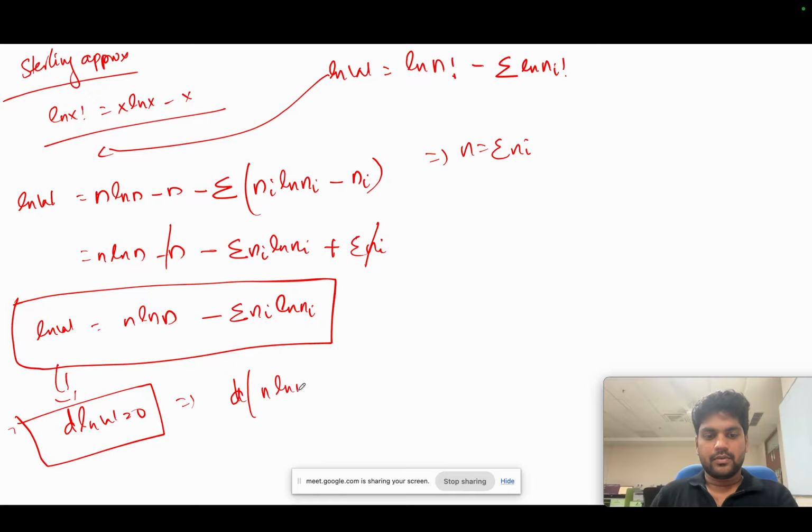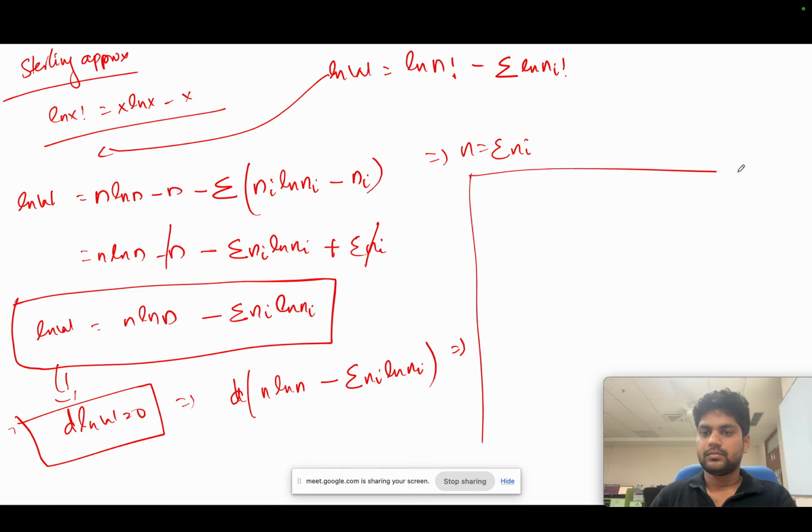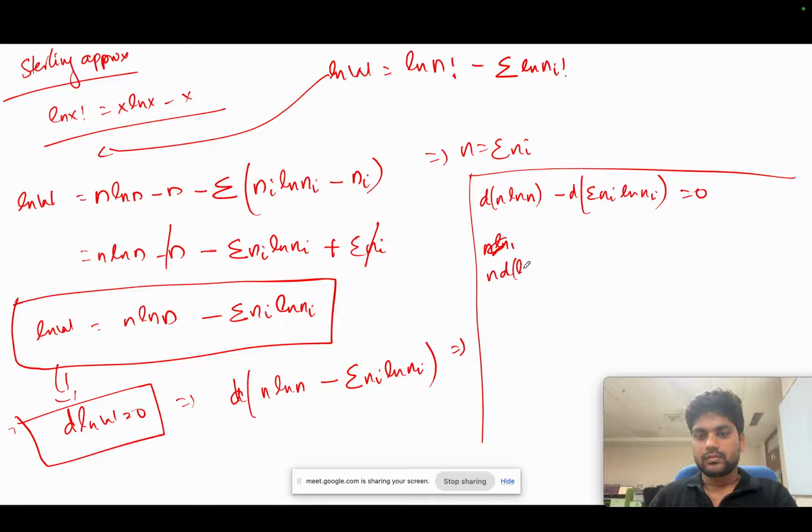So if you do this, we get d of n ln n minus sigma ni ln ni. Now you apply the UV rule. If you apply the UV rule, it will become n ln n, and I will take the sigma out.